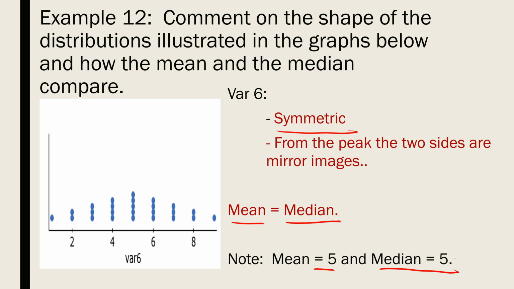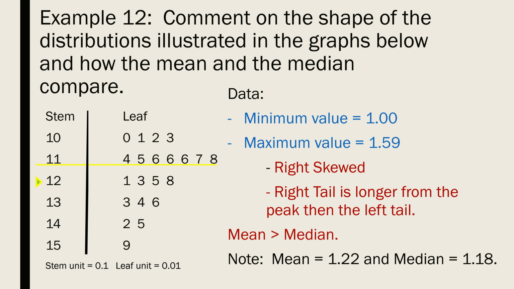In this example, I'll show you how to read a stem and leaf plot. First, I'll show you how to get the minimum value here. As we learned from the last video, we will get the number from the stem.